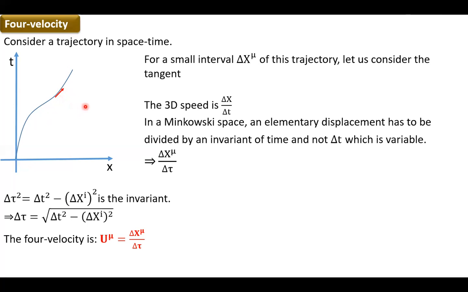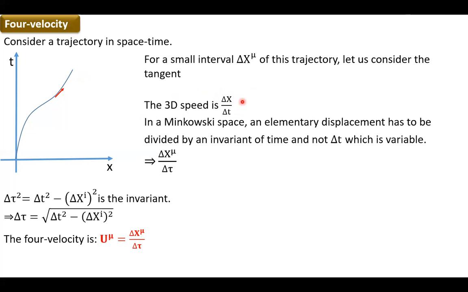So for a curve in space-time, you take the tangent in space-time. This is not a real drawing of space-time. It is a tangent in space-time, so it gives you the velocity, as compared to the 3-dimensional velocity, which is delta x over delta t.